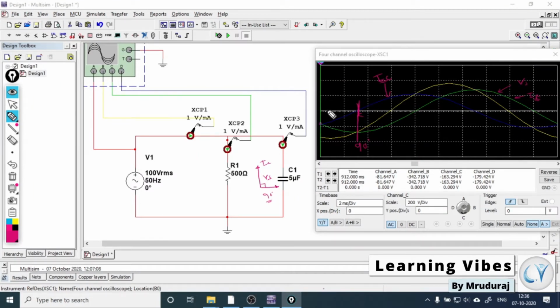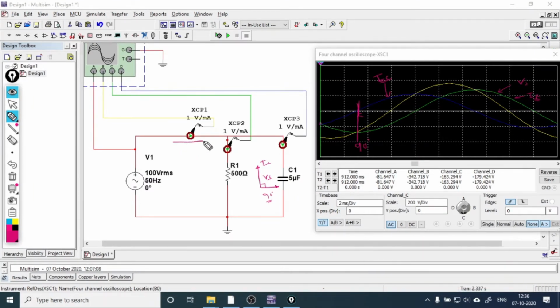But when we combine these two, this total current IT is a combination of IR and IC. So we can write that IT, total current, is the combination of IR plus IC, and this is the vector summation, right? This is a vector quantity. So IT is equal to IR plus IC.